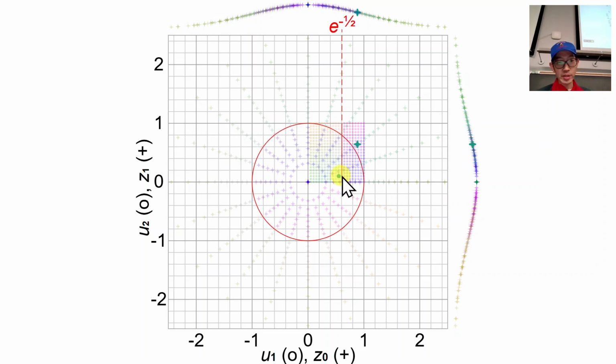These are all values that are going to have radiuses less than 1, and these will all have values with radiuses greater than 1. And then this corresponds to the angles.